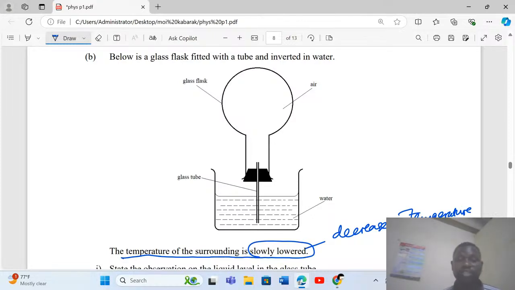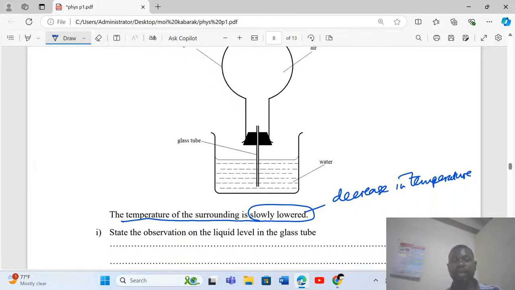So after it contracts, it becomes very small. And if there is some little water inside the tube, it will first lower in the tube. Then after some time, the coldness will come into the air. Then now air contracts. This will force the water to rise.